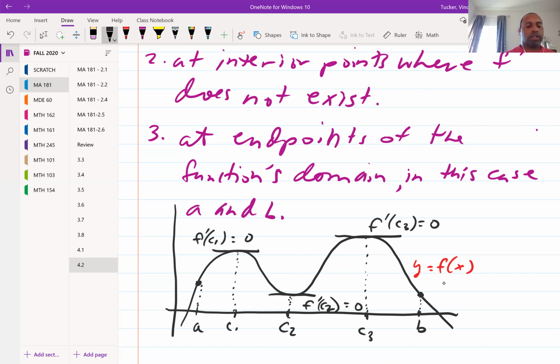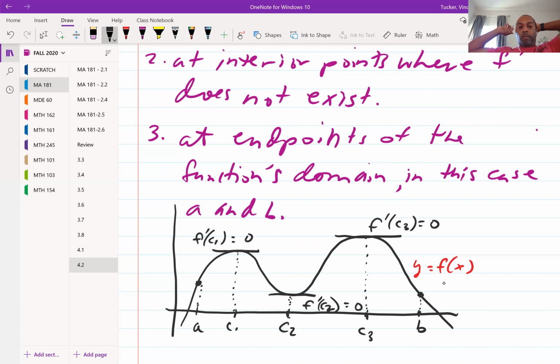All right, so this is just a generic example or graph to illustrate what we mean by having these maxes and mins at these critical points where f prime is equal to 0 or is undefined.